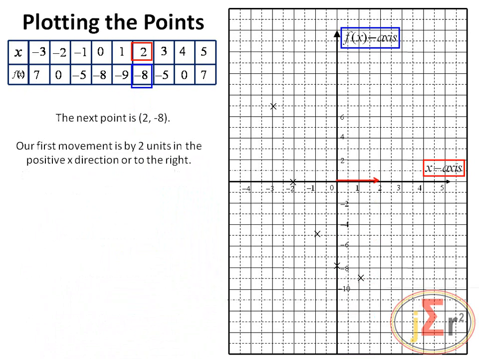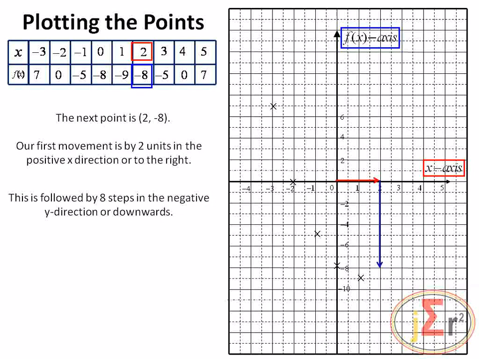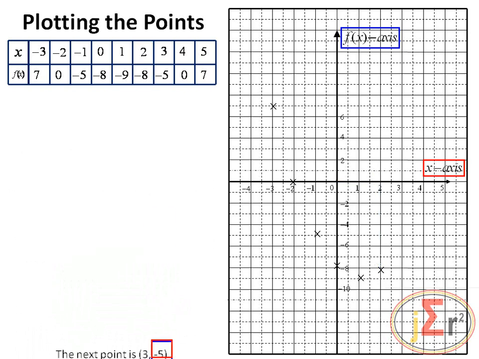Our first movement is by 2 units in the positive x direction, or to the right. And we have that with the arrow. It is followed by 8 steps in the negative y direction, or downwards. There you go. The end of the movements mark the position of the point, and we have done that.